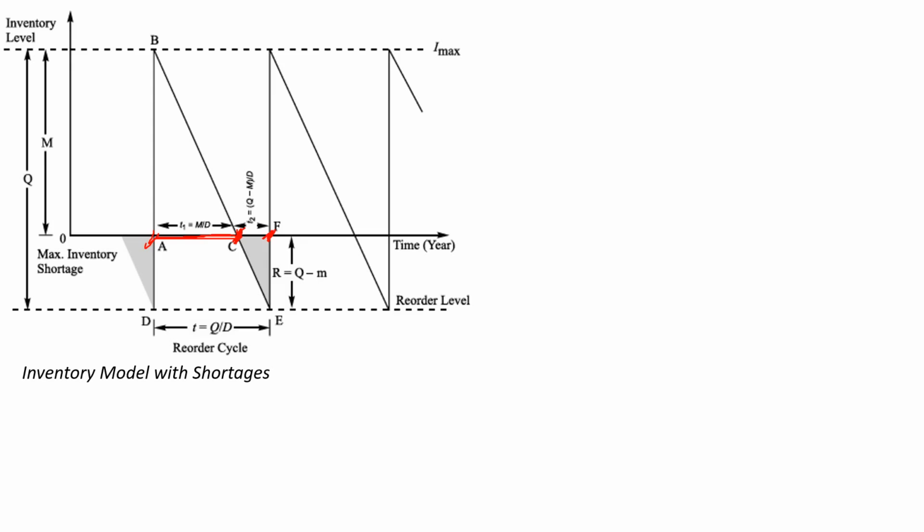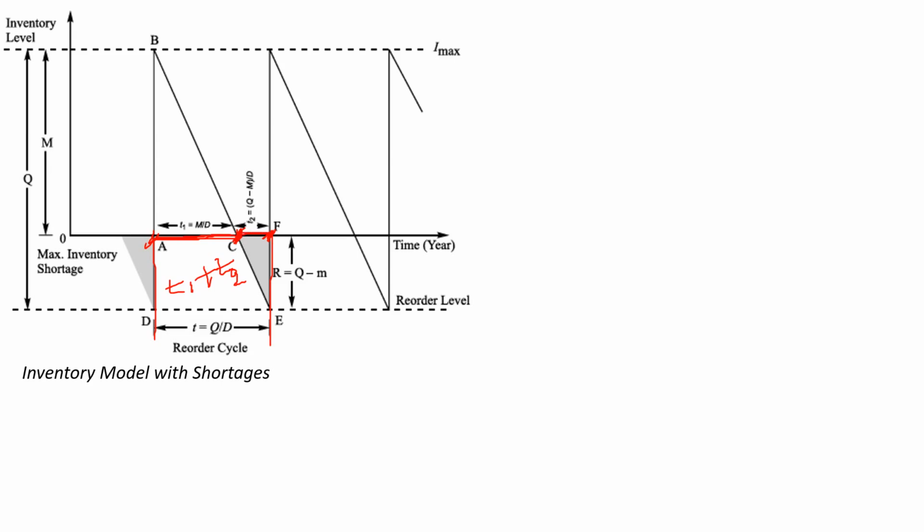And T is the total cycle time, or reorder cycle time. So it is T1 plus T2.